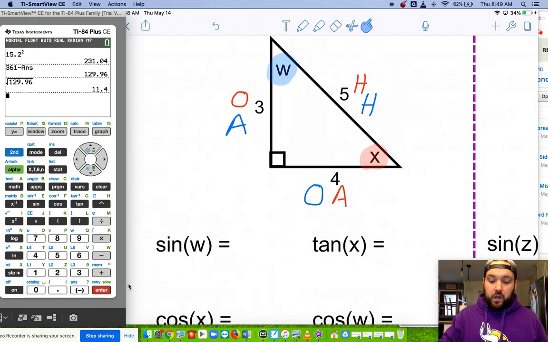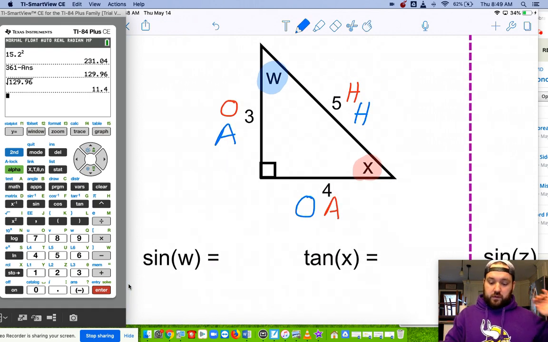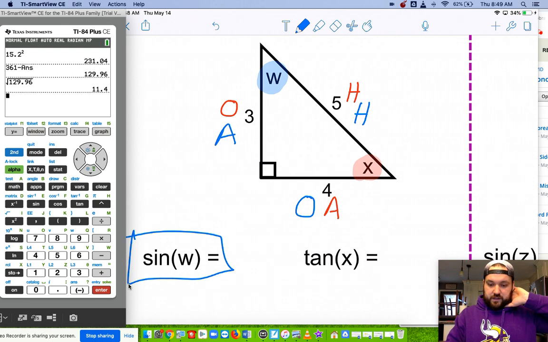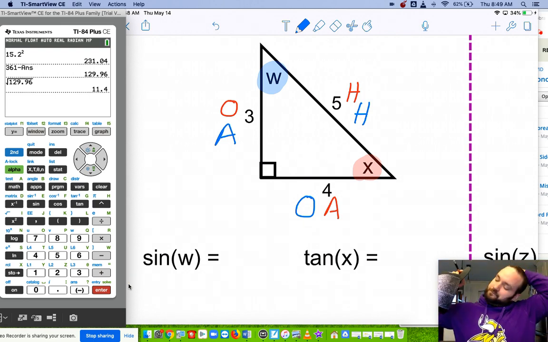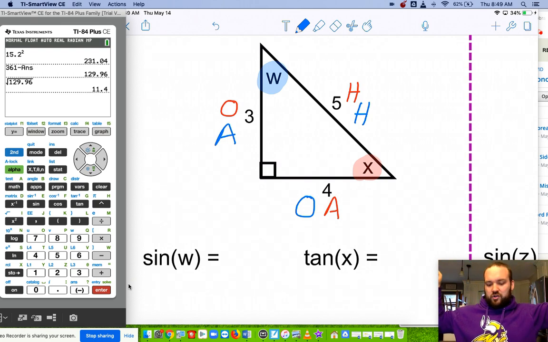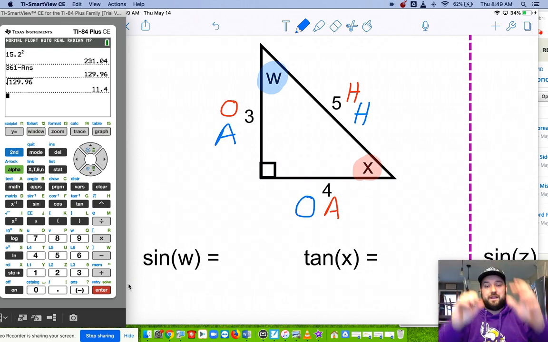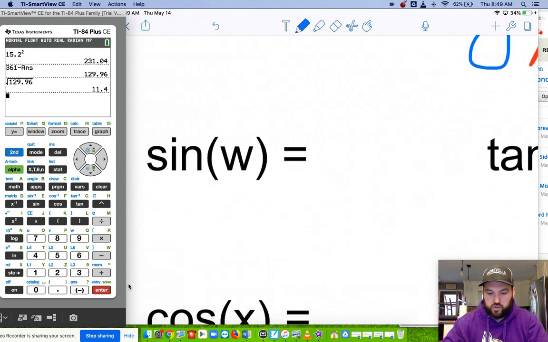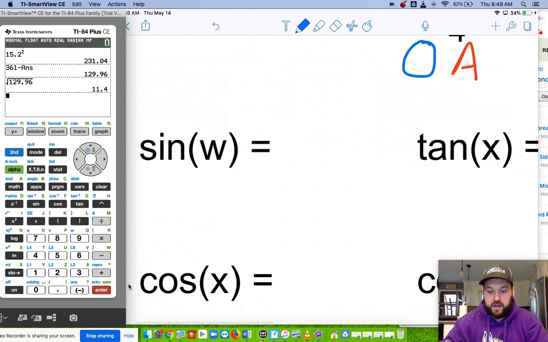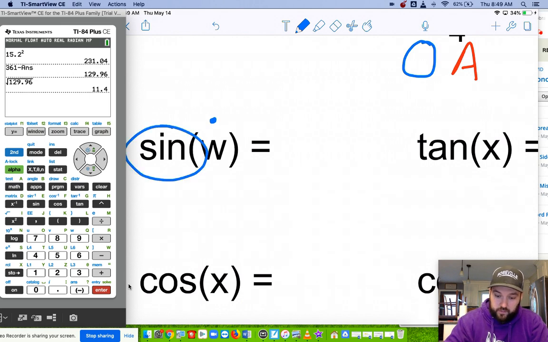For this first trigonometric, I'll call it a function, it's not really a function, but for this first part, you are being asked to find the sine of angle W is how you should read this. Angle W is in blue, and sine, if we look back at the previous slide, is opposite over hypotenuse.